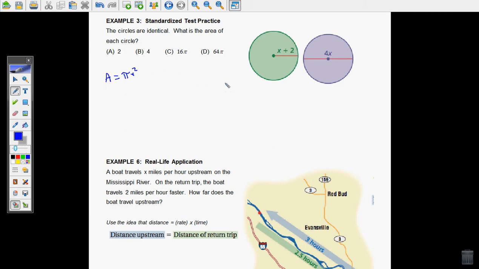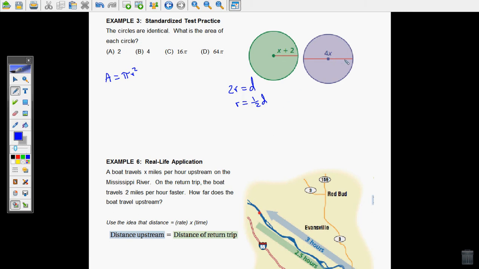First of all, let's try and figure out what x is. What do I know about a radius and the diameter? I know that twice the radius equals the diameter, right? So, by the same logic, the radius would be half of the diameter.